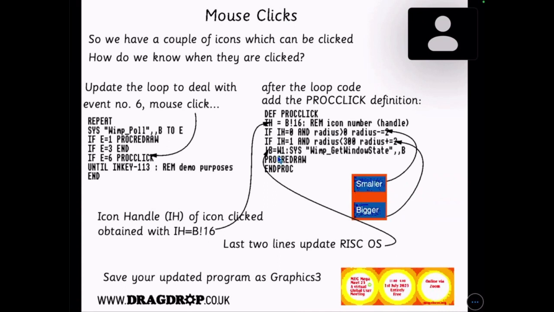Likewise, we're making a check to see that the circle can't get bigger than a radius of 300 graphics units. And in the last couple of lines of code there, we just tell RISC to redraw the window.